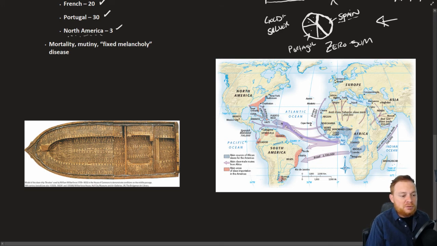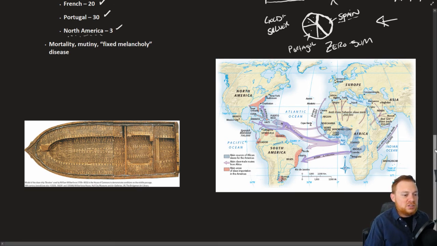It would then be from Central Africa to Brazil, to which the second largest number of slaves were taken. It would be to other West Indies islands, and then only maybe 3% being brought to North America. And when in North America, all of those slaves would have ended up mostly in the southern colonies.